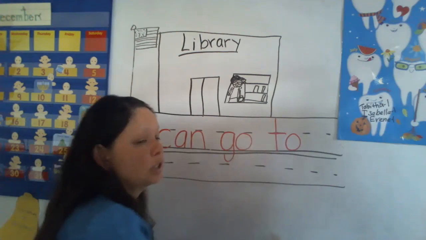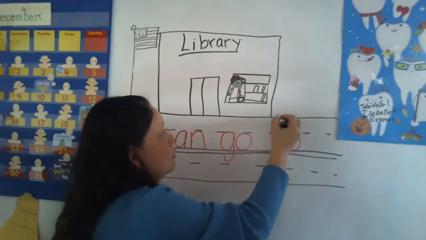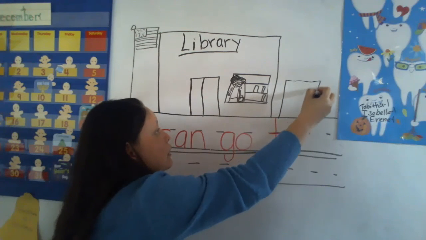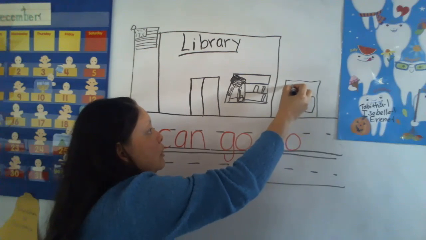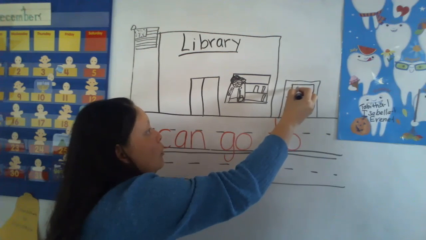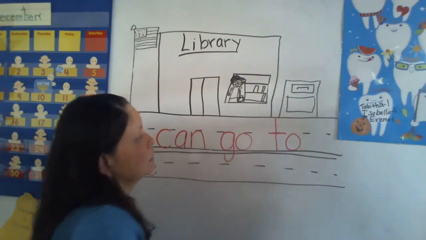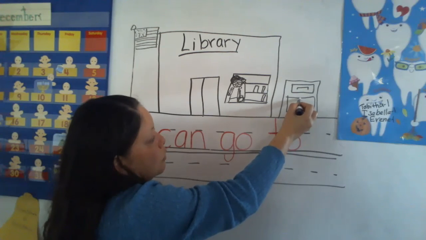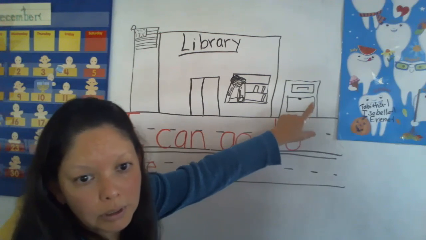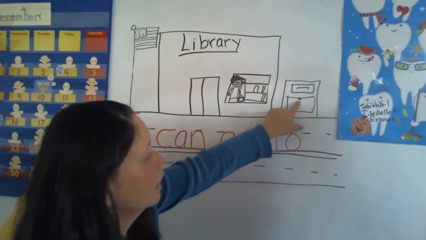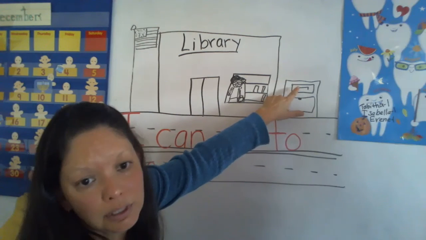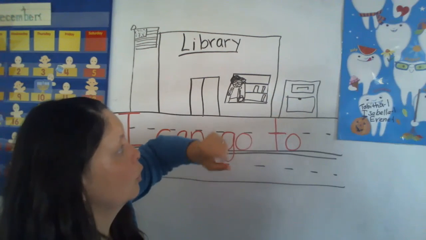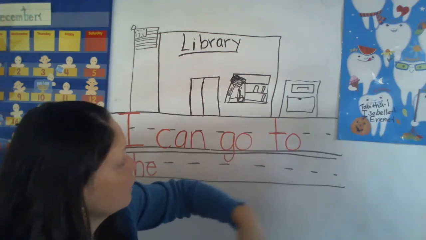Just like a mailbox, they also have a book box so that you can drop off your books and you don't have to go all the way inside. This is the box where the librarian will open it up with a key. There's a bag of books in there. And this is the latch that you open to put the books inside.